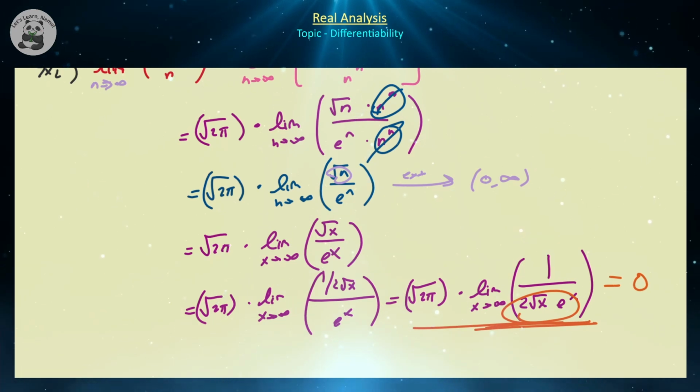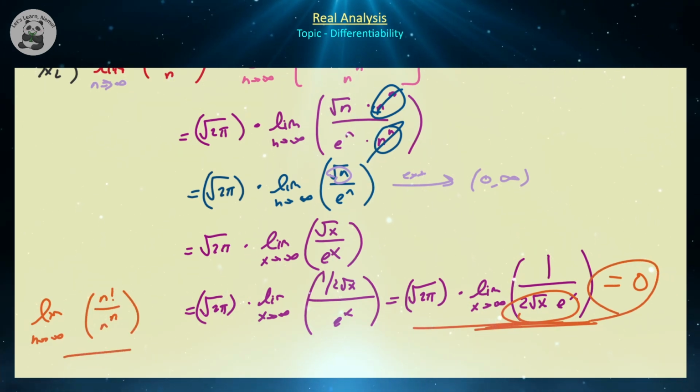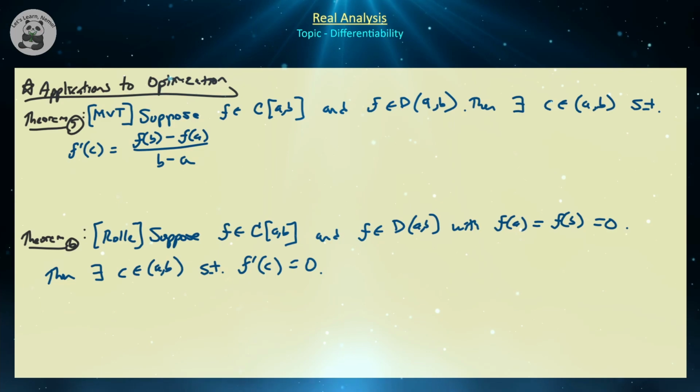So that means the limit as n goes to infinity of n factorial over n to the n is equal to 0, which means that as n gets big, which grows faster, factorials or tetrations, and this says that tetrations will grow arbitrarily faster compared to factorial relations. The next few theorems that I'm going to present are very useful for optimization problems.